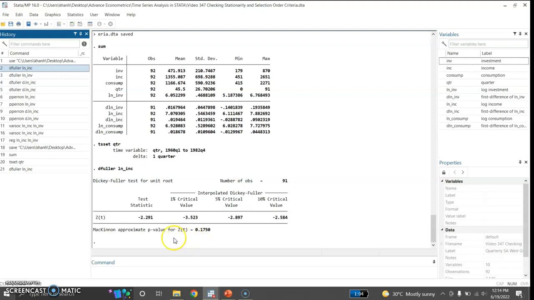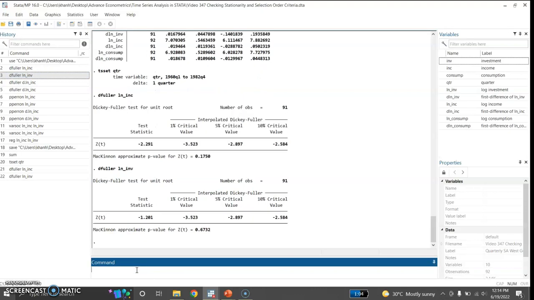After this, I would like to test log of investment for stationarity, and again these are the test results. This is the 1% critical value, this is the 5% critical value, and this is the 10% critical value.